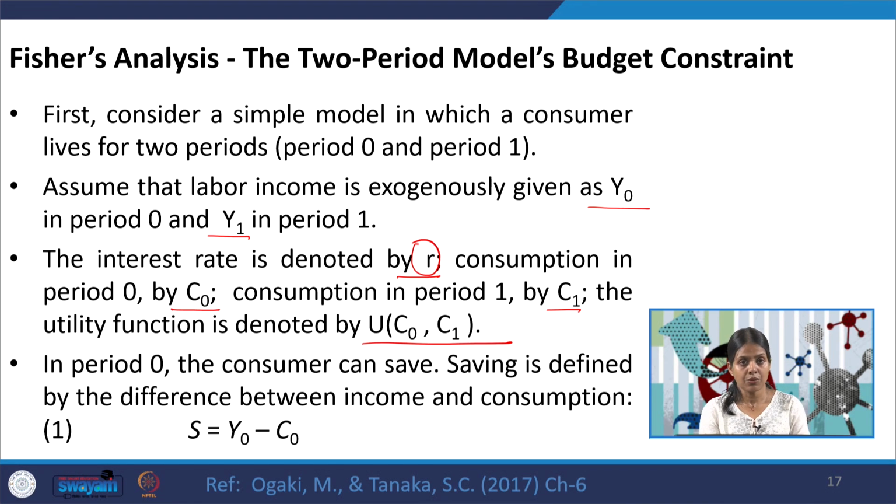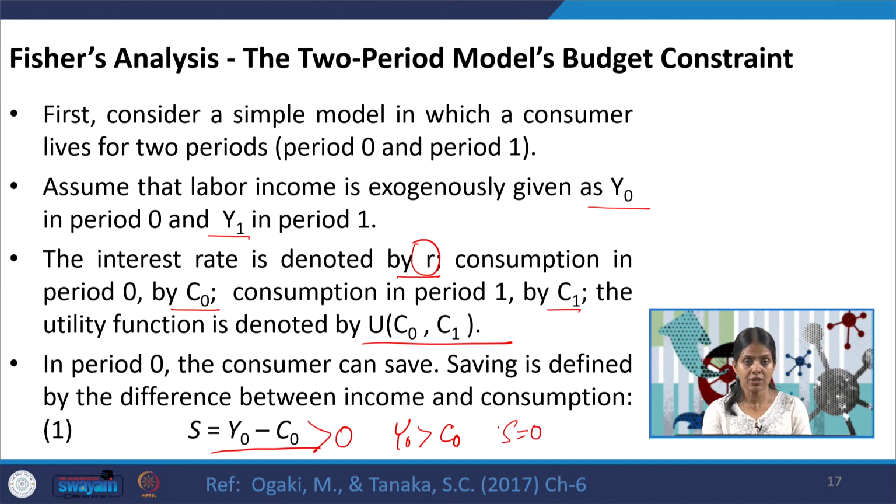In period 0, the consumer can save. Saving is defined by the difference between income and consumption. So, basically you are earning y0, you are consuming c0, and whatever remains is saved by you. Now, S is greater than 0 if y0 is greater than c0. If y0 is equal to c0, you understand S will be equal to 0.